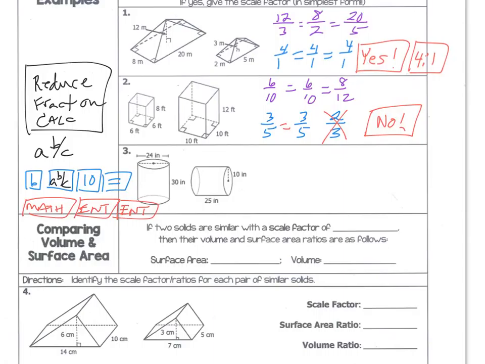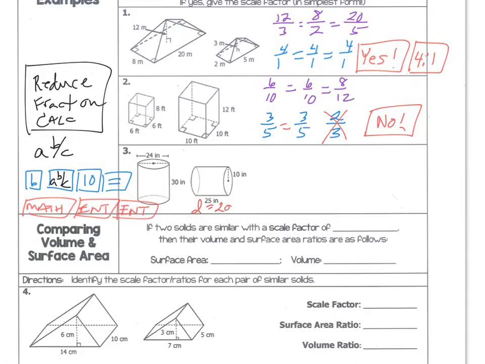Now, when you look at number 3, this dimension is what to the cylinder? What's this dimension? Diameter. What's this dimension to this cylinder? So now they're trying to turn it so that, you know, it's hard for you to tell, but that's the radius. What would be the diameter on this one? Yeah, double it, you're going to get 20.